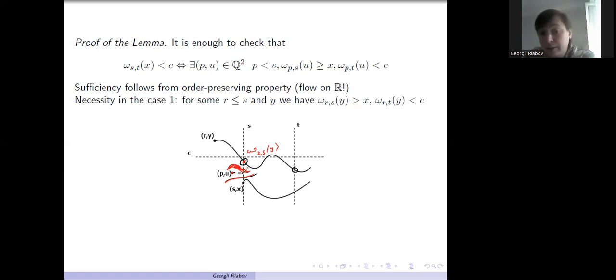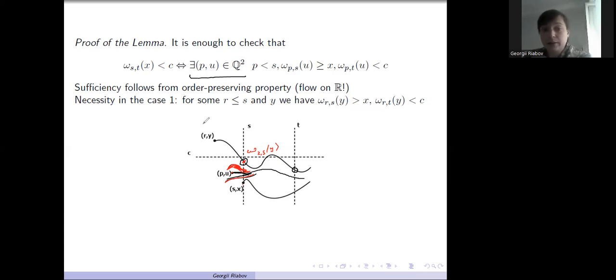At time s, it must be bigger than x, because it is bounded from below by this function. And at time t, it must be below c, because it is bounded from above by the trajectory ry. It means that we have this condition.